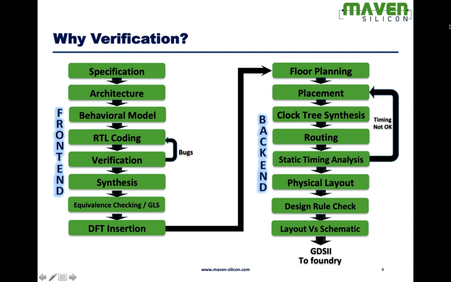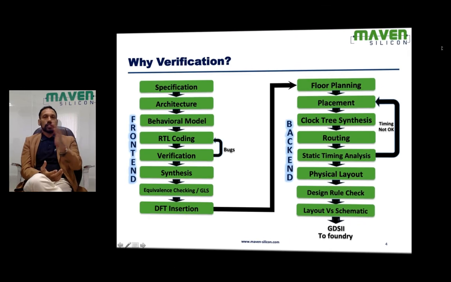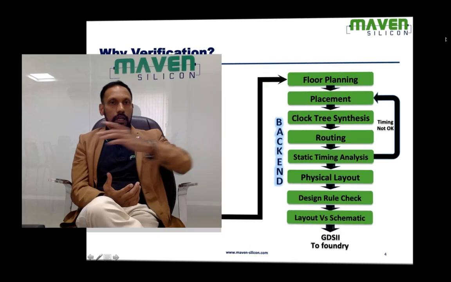Why do we verify every transformation step in the design flow? Look at this design flow. If you consider the transformation from specification to GDS2, it's a huge transformation. In reality, it doesn't happen like this. So it goes through various steps. From spec, we create the architecture, and based on the architecture, we write the RTL.